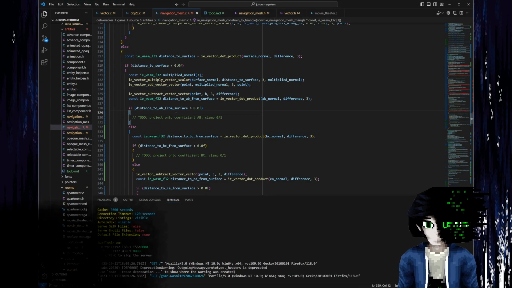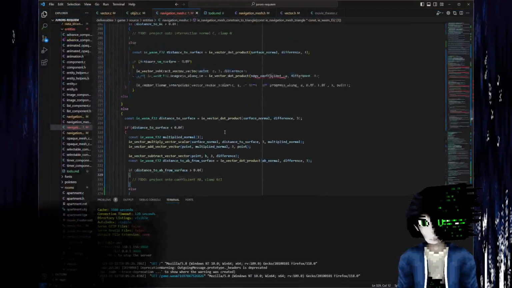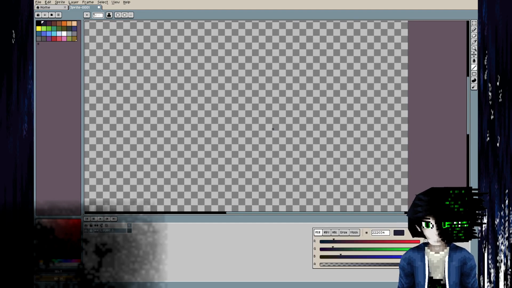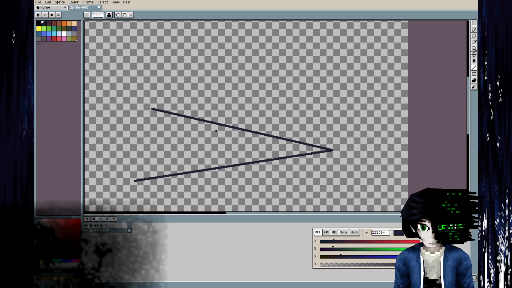Okay, so at this point, we know we're over the edge, so there's a question, do I ever need to, I realize I might have made a mistake here in trying to skip a step. So I've got this edge of the triangle and I've got the corner of the triangle there. And let's say the point is over this edge.